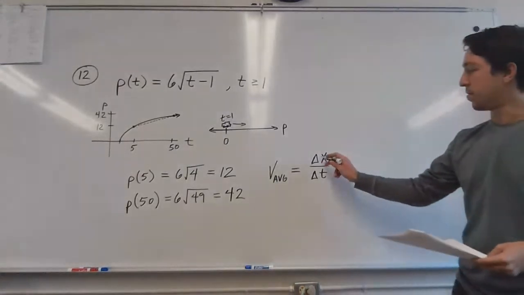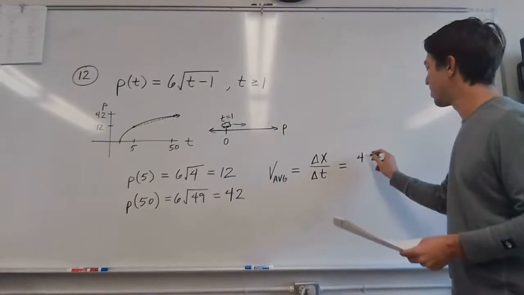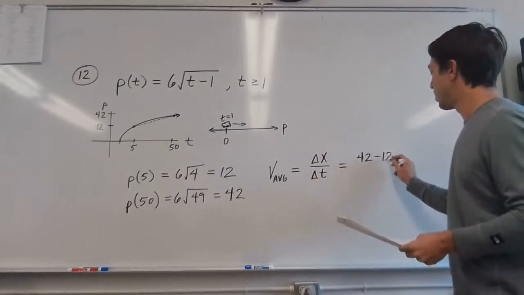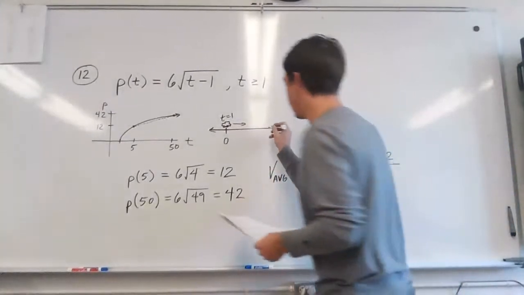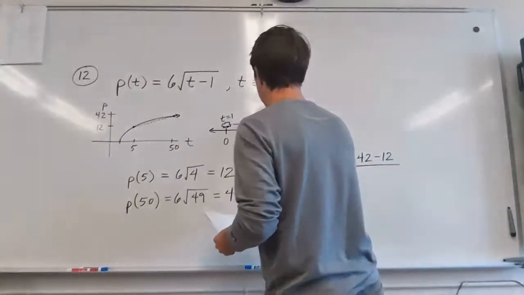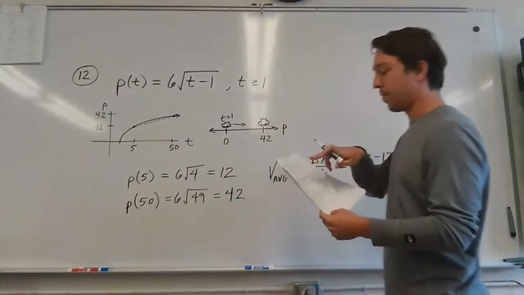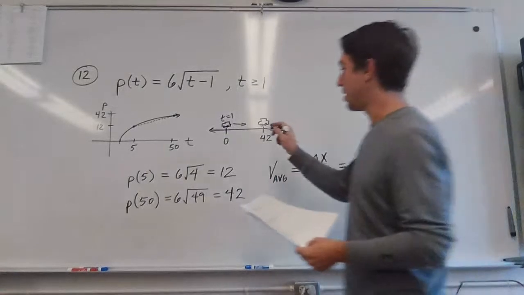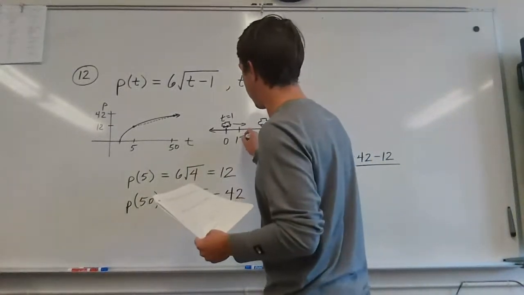So how far did he move? 42. Well, that's where he ended up. On my number line, this is where he ends up eventually. But if we're looking at the time interval from 5 to 50, I also need to look at where he was at time 5. So he was at position 12.